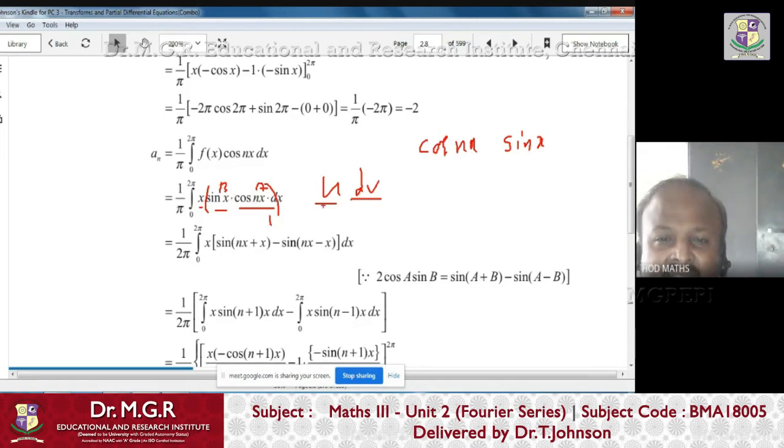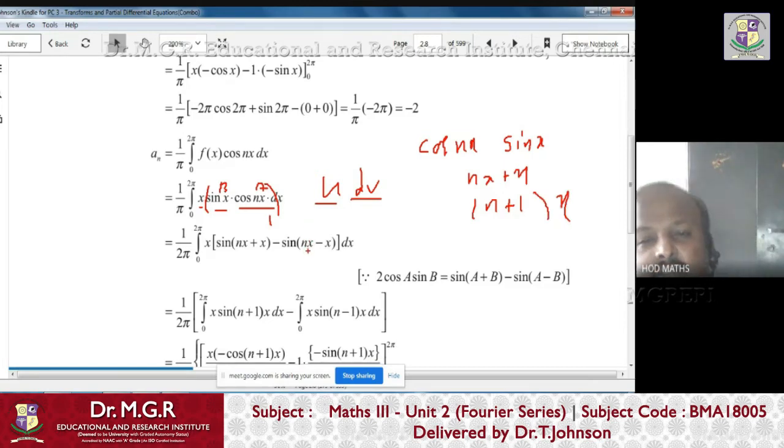So when we add nx plus x, it is easy to write n plus 1 of x. And when we subtract nx minus x, if you write like this, then it looks nice. Otherwise, you have to write 1 plus n or 1 minus n. That won't be a nice one.